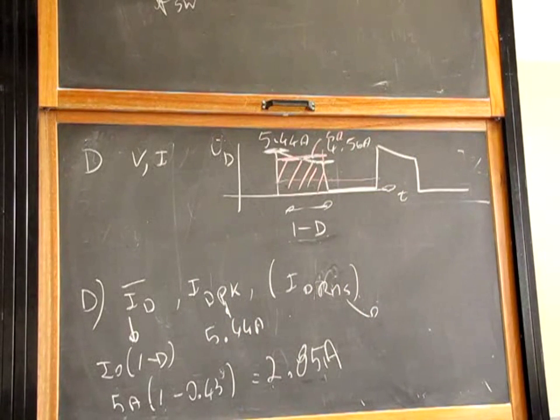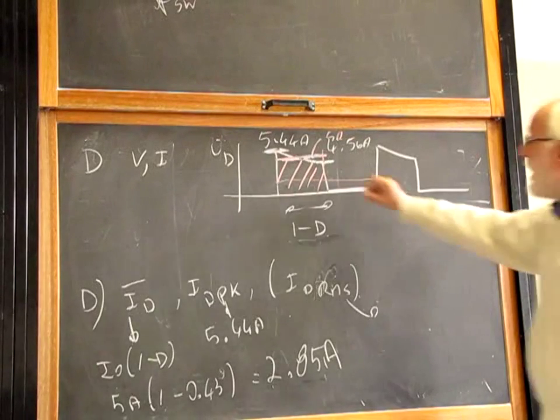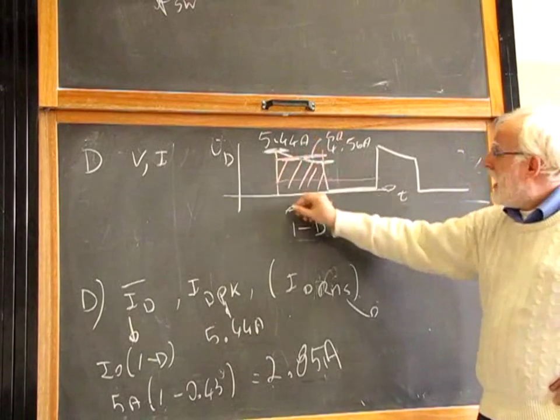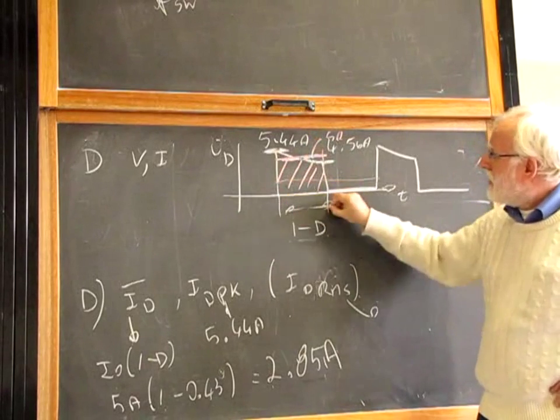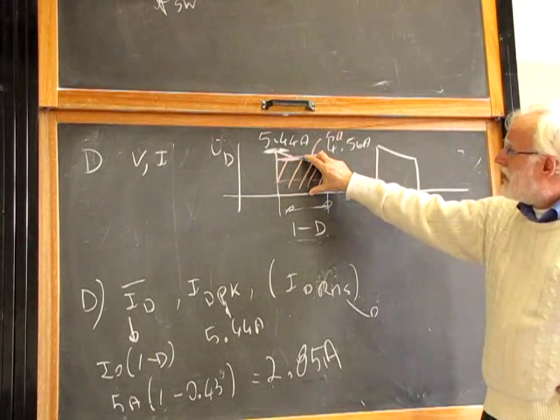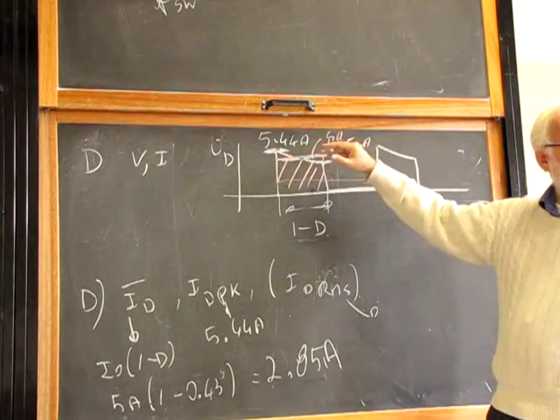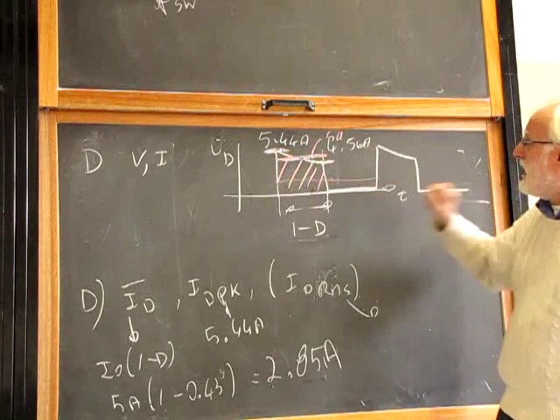ID RMS, we don't need in this case the RMS current of the diode, but just to see if you remember the flat top approximation. It is the RMS value of a square wave having this duration, this width, and the height that is the average between the peak and the lateral.